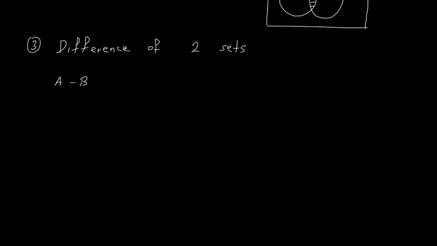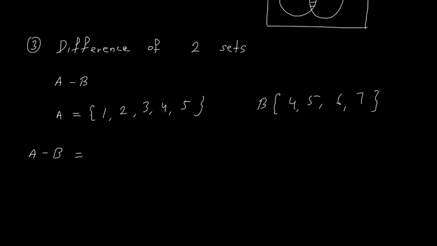Let us see how. If A includes elements like 1, 2, 3, 4, 5 and set B includes 4, 5, 6, 7, then A minus B, the difference of A and B, is defined as a set which includes elements of A but does not include any element of B. As you can see, 4, 5 is common between A and B. So while writing A minus B, we will not write 4, 5.